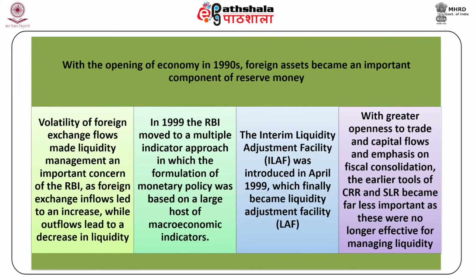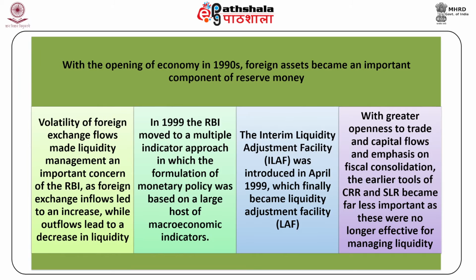In light of this, in 1999, the RBI moved to a multiple indicator approach in which the formulation of monetary policy was based on a large host of macroeconomic indicators.